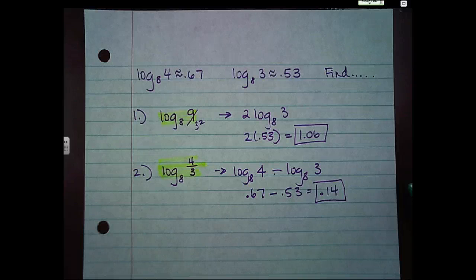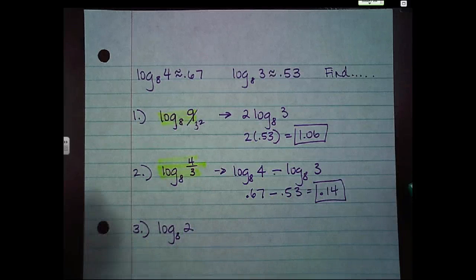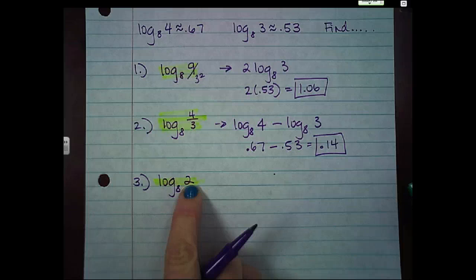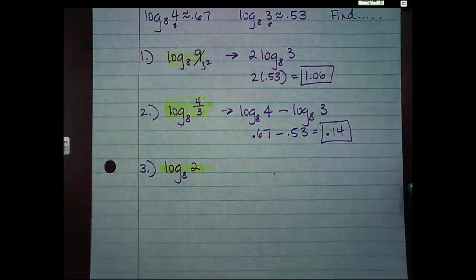Okay, we have 2 more. Number 3. If I give you log base 8 of 2, now, I need to rewrite 2 using 4s and 3s. What can I use there? You can do any operation you want. What can I do to 4 to get 2? Take the square root.